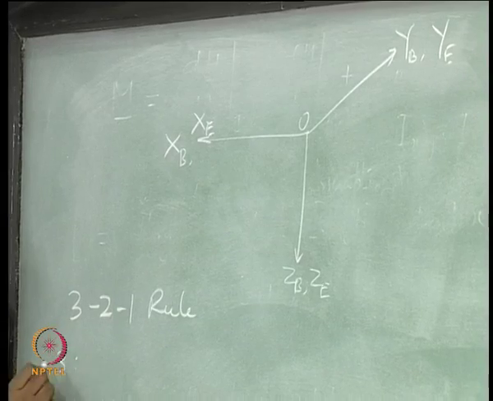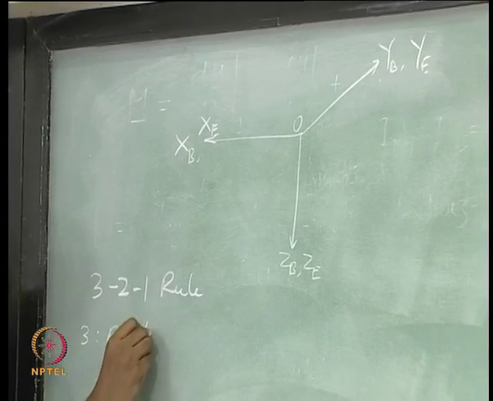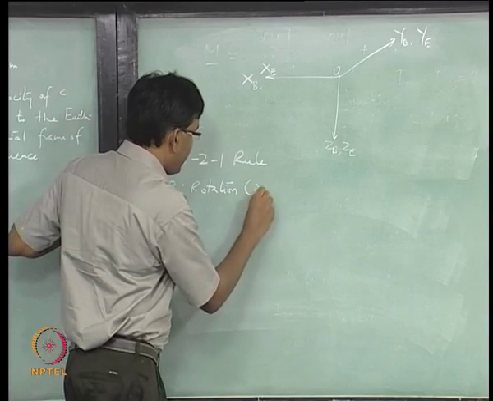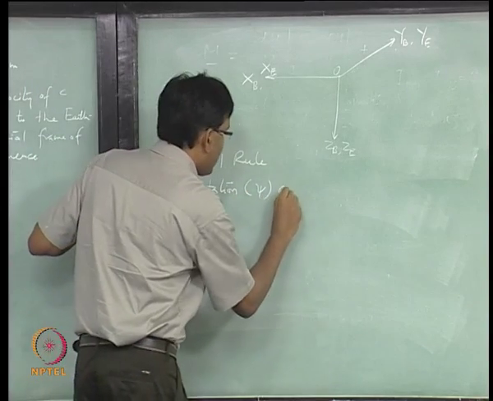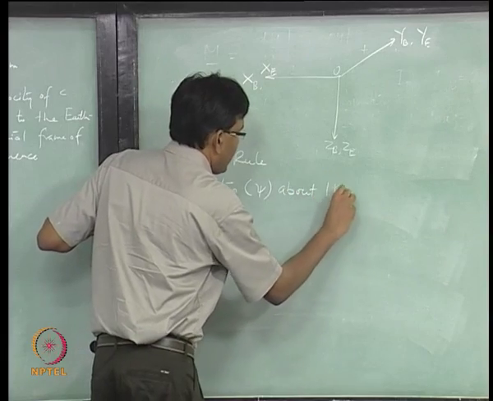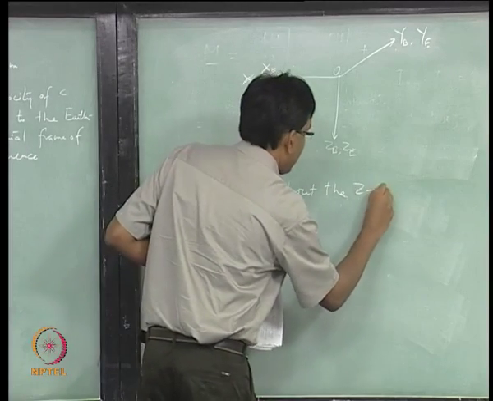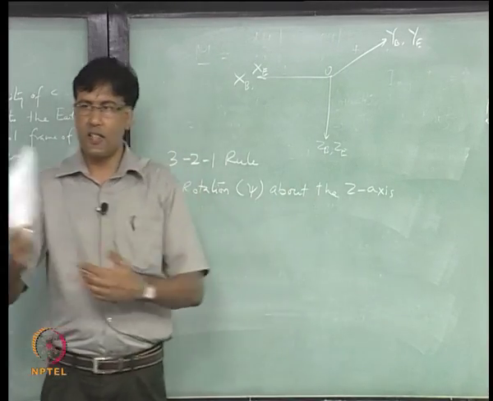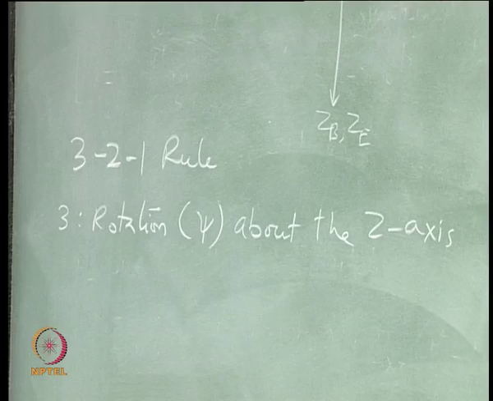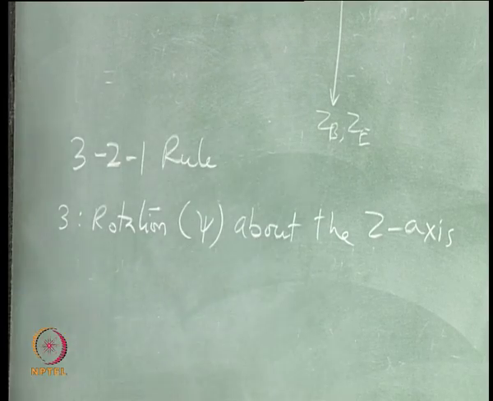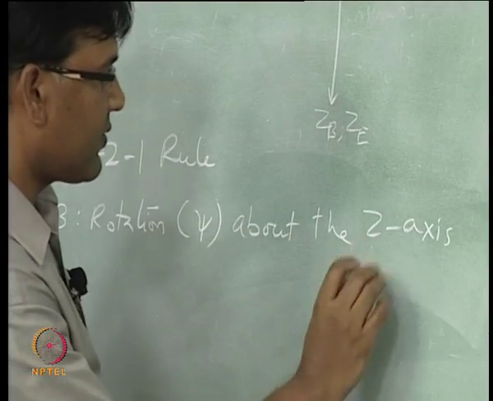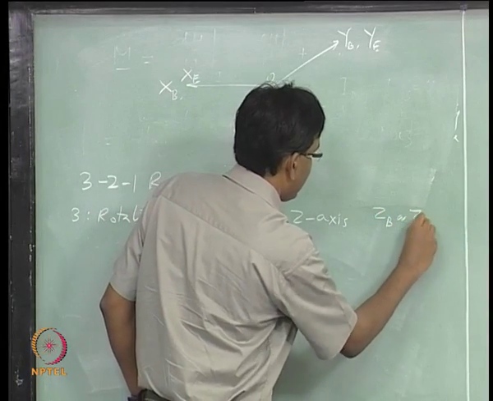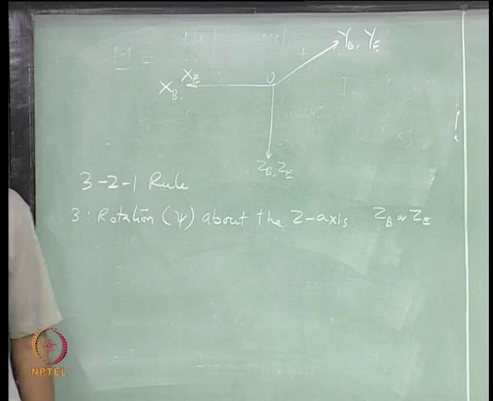So 3 is the rotation about the z axis, and this z axis is the z axis of the body or the earth, right, because to start with both of them are coinciding with each other.